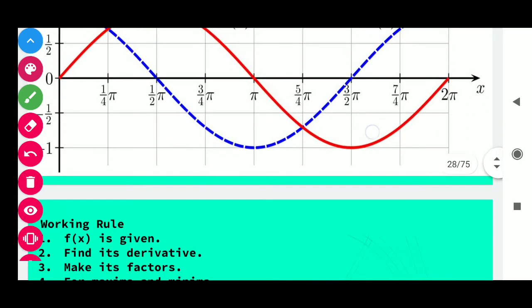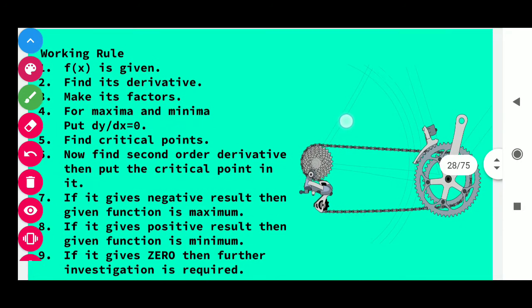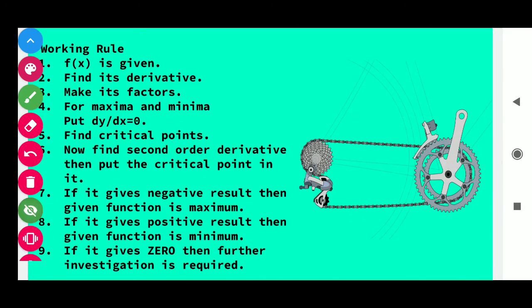Now students, here is the working rule for the given questions of maxima and minima. First, f(x) is given. We need to find its derivative and after that factor it. For maxima or minima, we put the derivative equal to 0. From here we get the values of x, and these values of x are called the critical points.